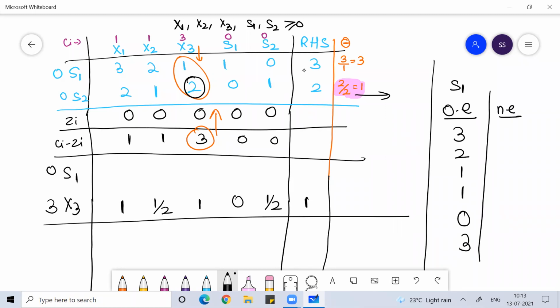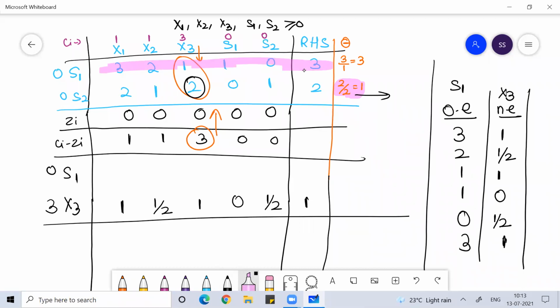The new element of X3, see its values: 1, 1 by 2, 1, 0, 1 by 2, and 1. You know this, right? We are doing this from the last so many days, the simplex method. So first write down the old values of S1, then see the new values of X3, which we call the new element.